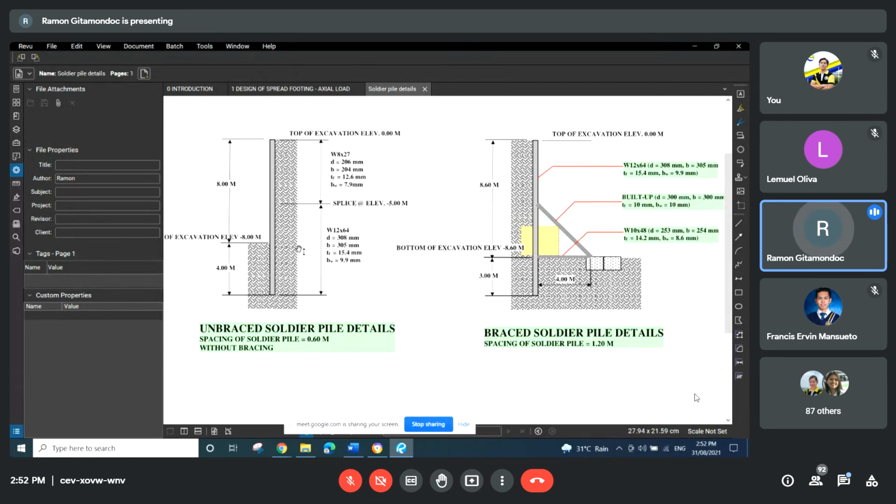This is the one that I mentioned a while ago. In a high-rise condominium project, the building has, I think, 2 basements, and it is to be supported on a mat foundation.